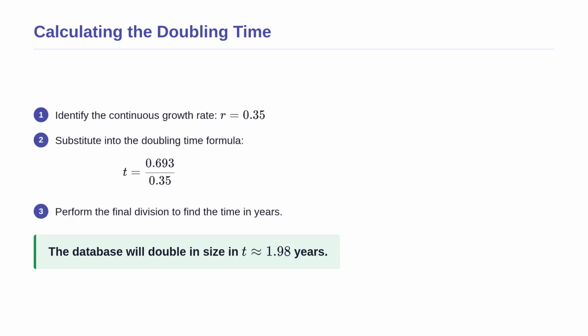Before we prove where this elegant formula comes from, let us see it in action. We're given a protein database growing at a continuous rate of 35% per year, and we're asked to find how many years it will take to double. We use the doubling time formula because it directly relates growth rate to the time needed to double.